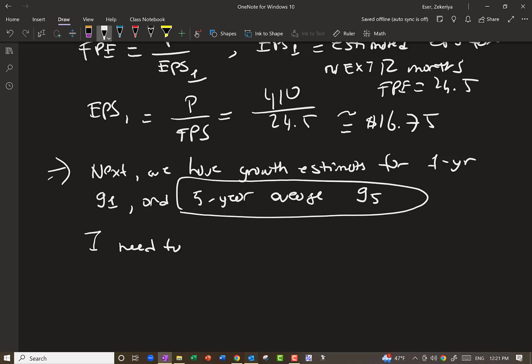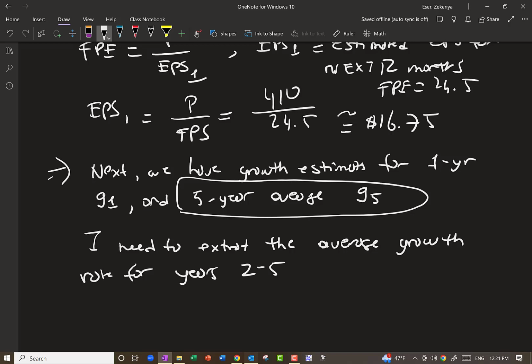I need to extract the average growth rate for years 2 to 5, and let's call that G star. Actually, let's call it G24. Short for G25, I'm sorry.